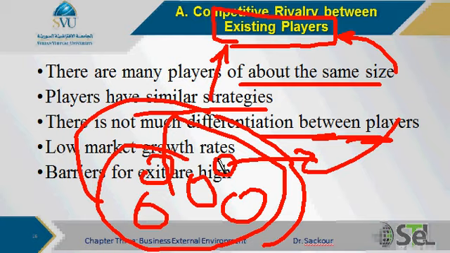Then he should stay in this market and struggle more and more with the others. Then the power of struggling and negotiation and suffering will be more and more difficult. It will become more and more complicated because barriers of exit are high.